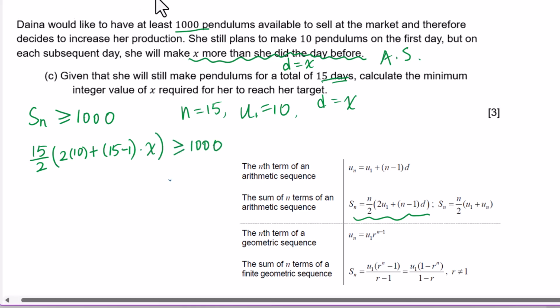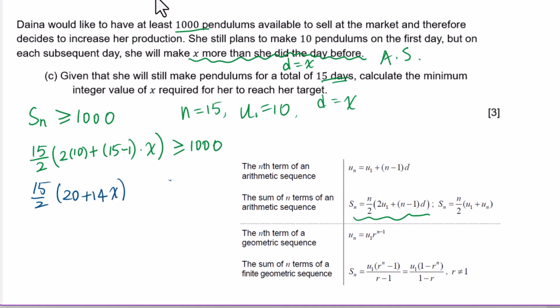Let's simplify a little bit before we go to calculator to use the equation solver. 15 over 2 times 20 plus 14x, greater than or equal to 1000.